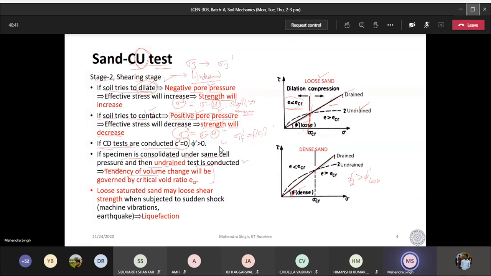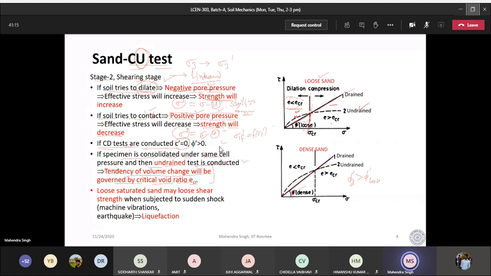The tendency of volume change will be governed by the critical void ratio. If you are in this range where e is less than critical void ratio, there is going to be dilation. And when there is dilation, we have already seen that there will be negative pore pressure and strength will increase. So here you can see this undrained strength will be more than drained strength.